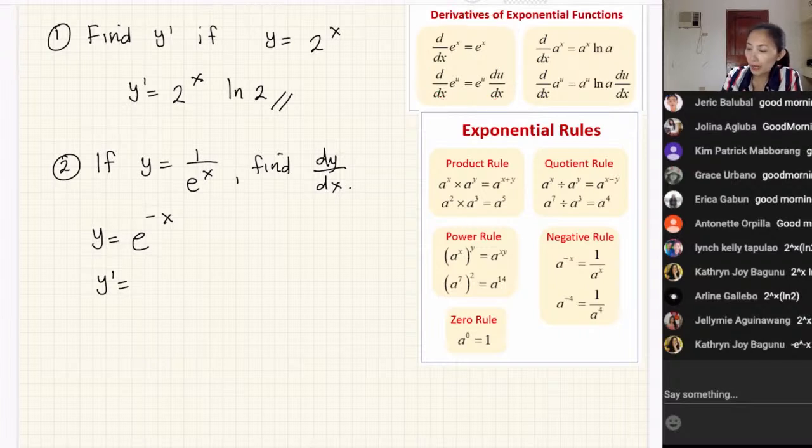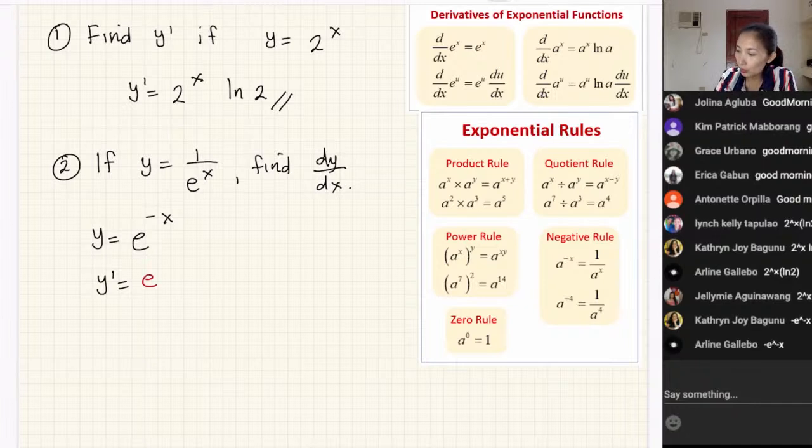So y prime is, and since the exponent is negative x, by the chain rule, we have to differentiate negative x. So y prime is equal to e to the u times du.